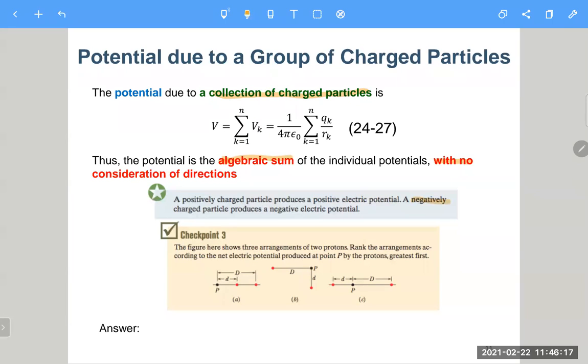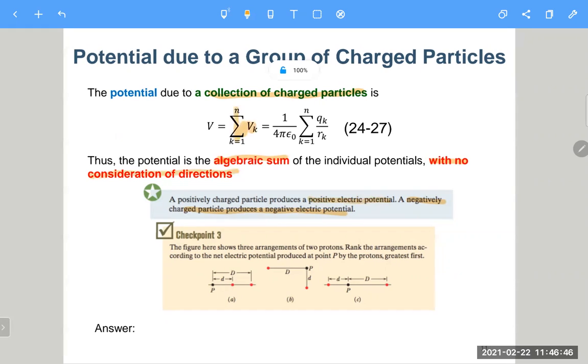A negative charged particle produces a negative electric potential. Here's a checkpoint. The figure shows three arrangements of two protons. Rank the arrangements according to the net electric potential produced at point P by the protons, greatest first.